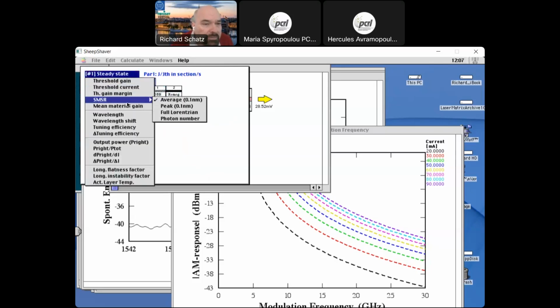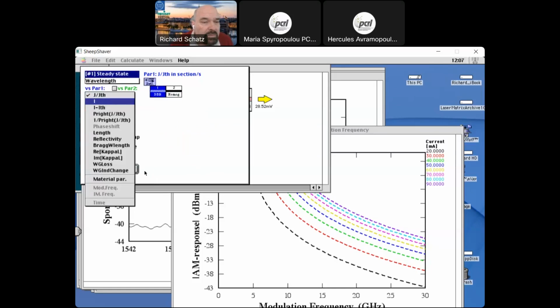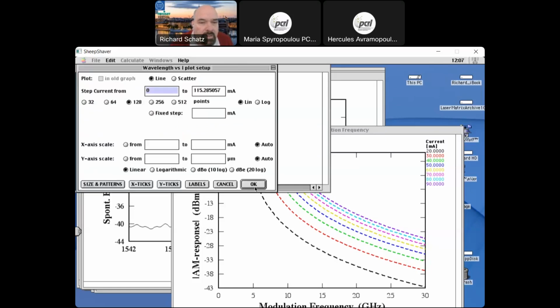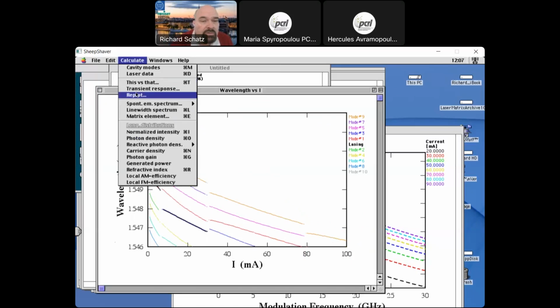So here we have wavelength versus current in the Bragg section, and I do it for 10 modes maybe, and 0 to 100 milliamp in the passive section.